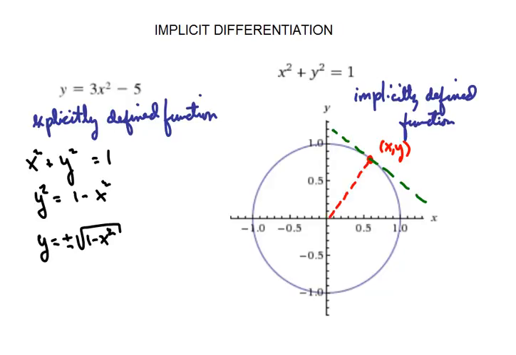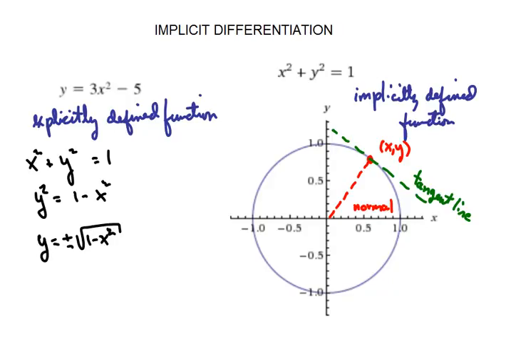First of all, we can draw a radius from the center out to that point, and the geometry of this tells us that that line, that radius, is what we called in a previous example, a normal line. It is perpendicular to the tangent line at the point of tangency.